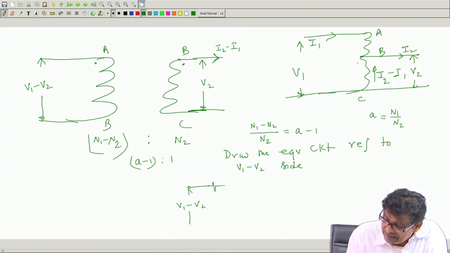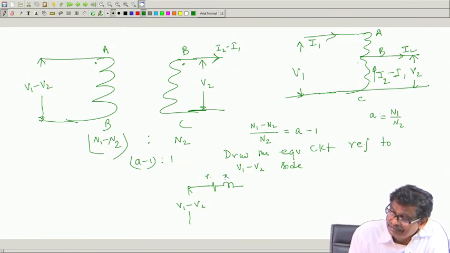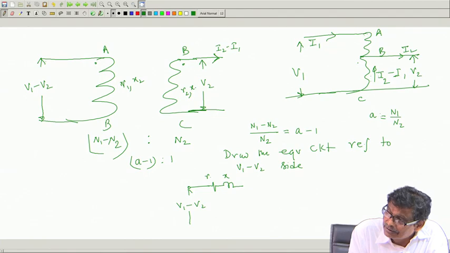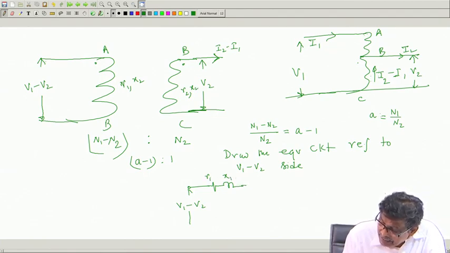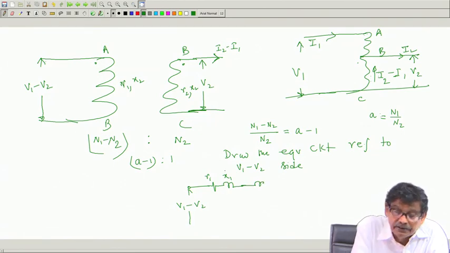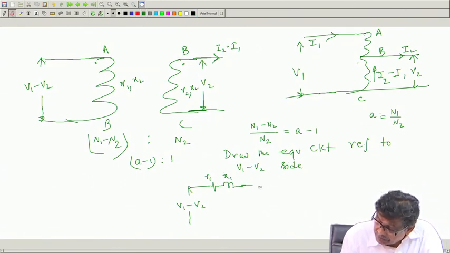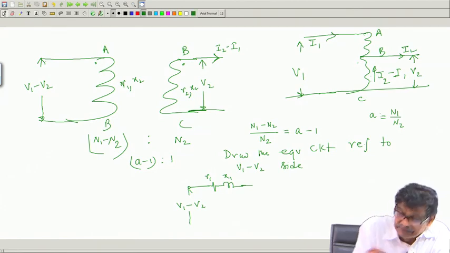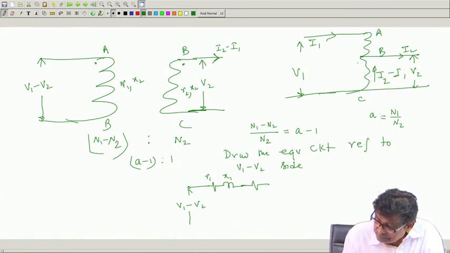Then there is R1, X1 will be there, this winding R1 X1. This winding BC I have assumed R2 X2. So, this will be R1 X1, and this will be your R2 dashed and X2 dashed.